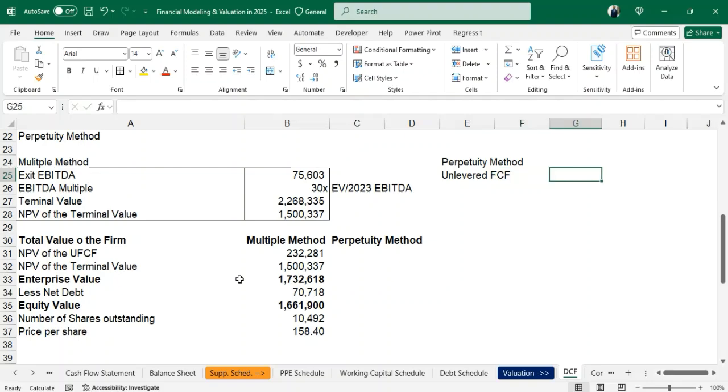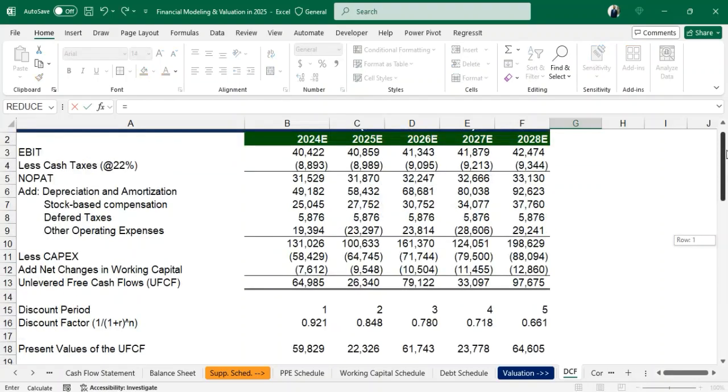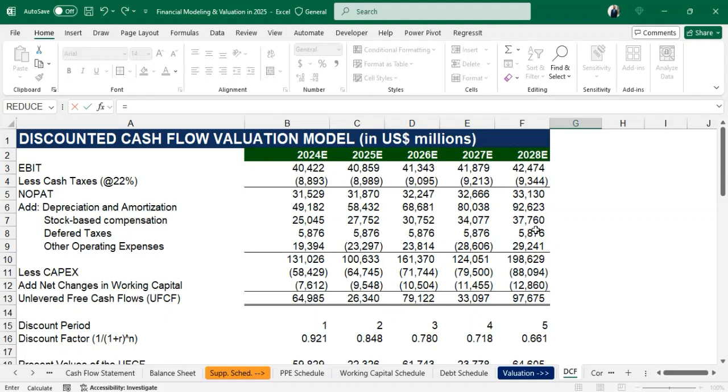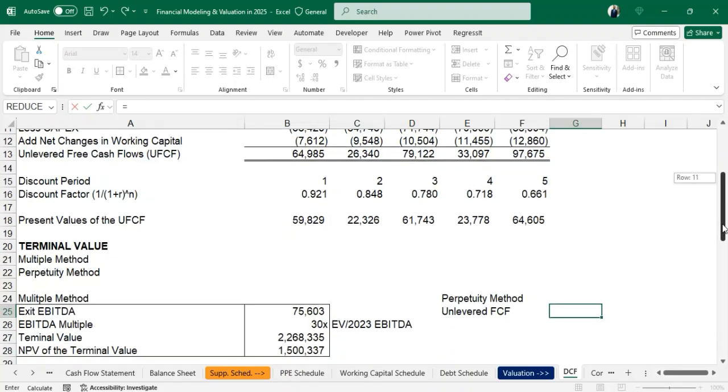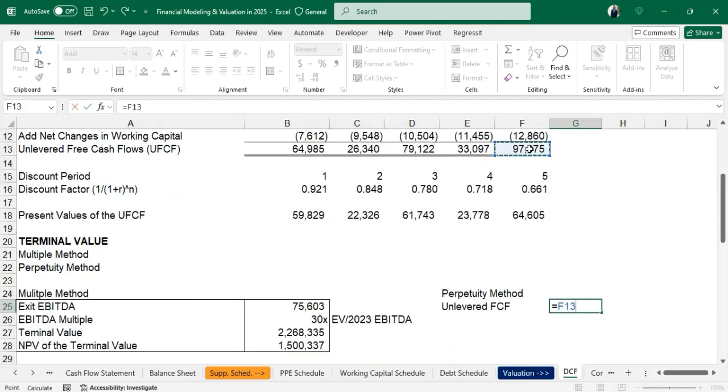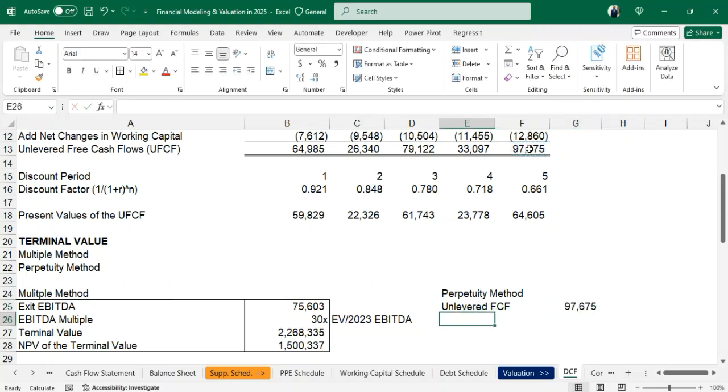Remember, this is actually talking about the exit value, which is the terminal value. Okay. So this is going to be equal to the value for 2028. So I'll pick this particular value here and hit enter.